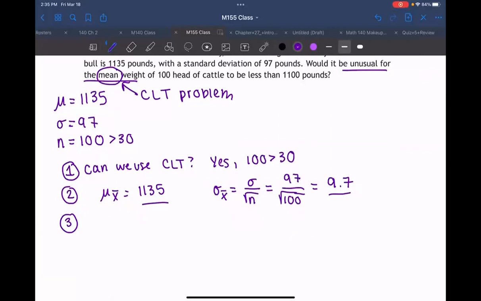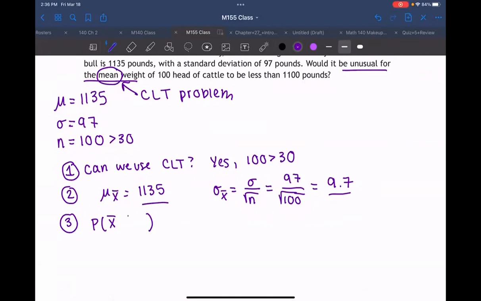Third step, we're going to rephrase what this question is asking us. We're going to try to figure out what exactly we're doing. Is this a less than problem, a greater than question, things like that. Okay. We want to find the probability that the mean weight of 100 heads of cattle is less than 1,100 pounds.